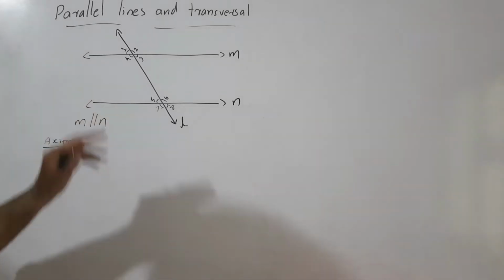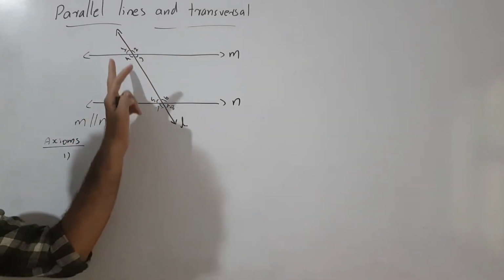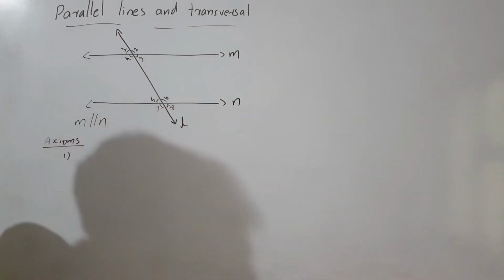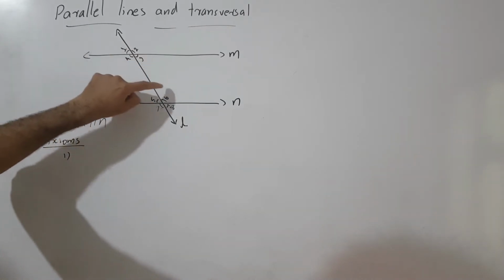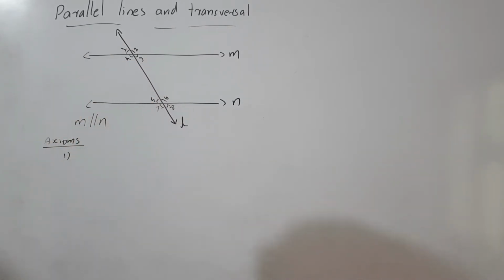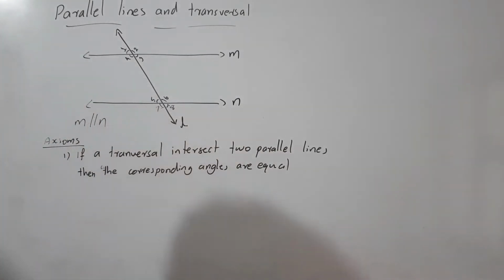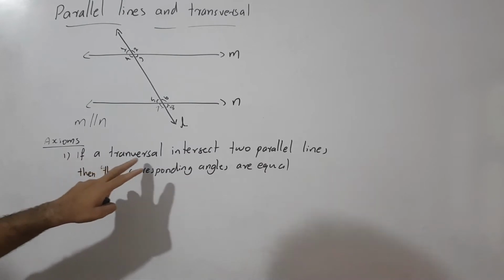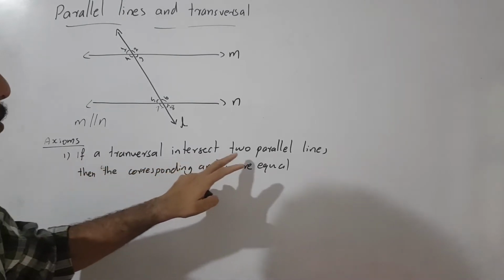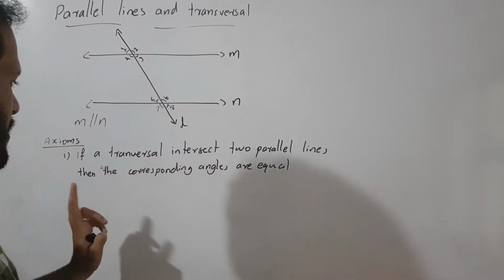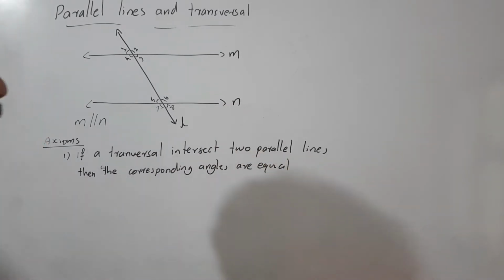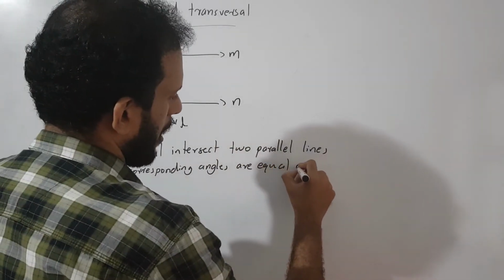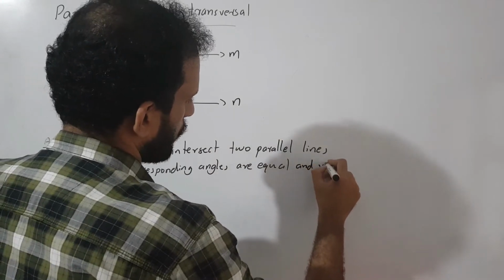First axiom: if a transversal intersects two parallel lines, then the corresponding angles are equal, and vice versa. That I will explain later.